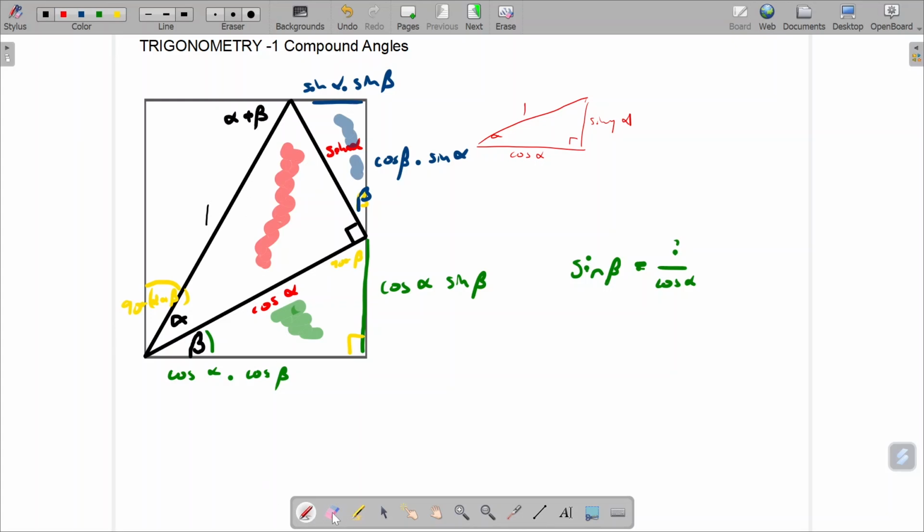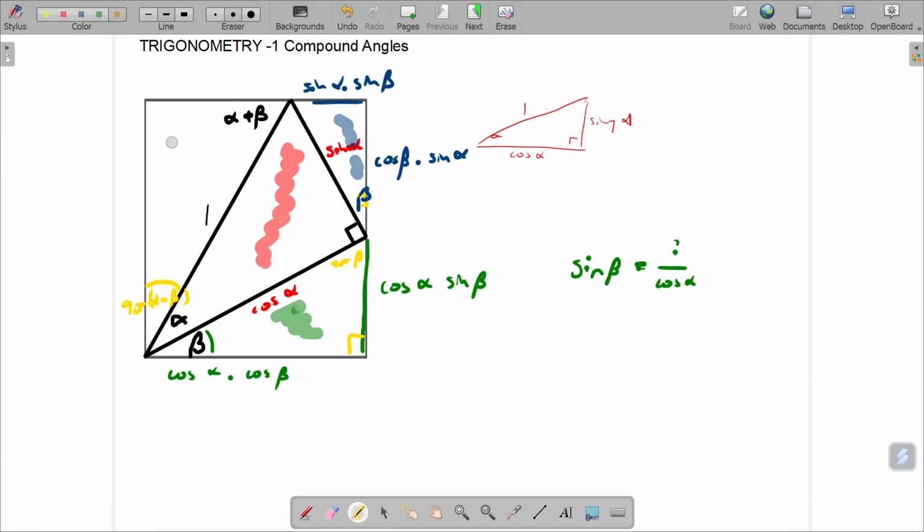And again, when we run this trick around one last time, and we look at this orange triangle over here on the top left, what pops out is, hold on, if this is 1, and this angle is alpha plus beta, then this side here is going to be cos of alpha plus beta.